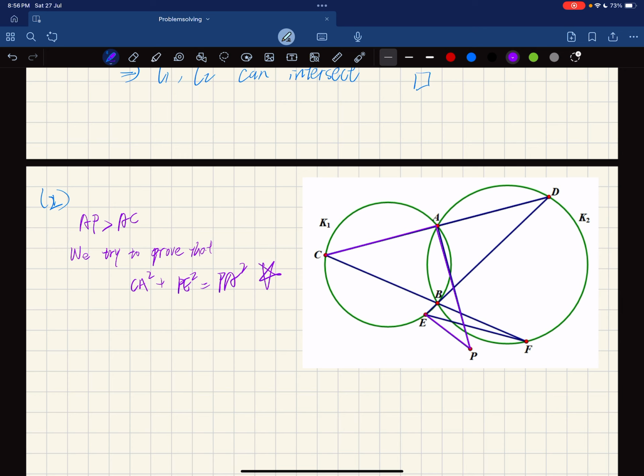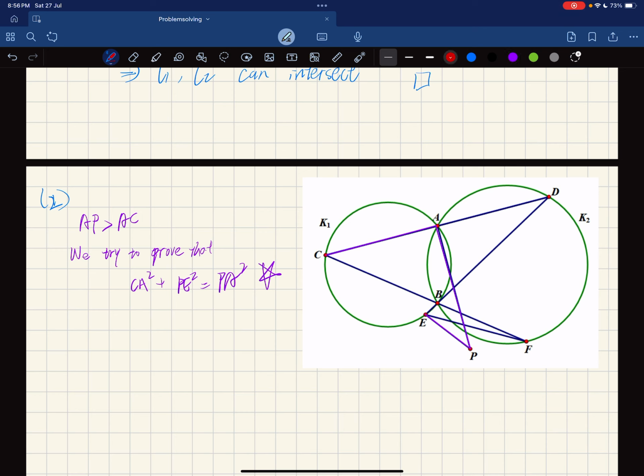So first, let's do something with CA square. What can we get from that? Except we have in the problem 1 we have CA square equals to maybe half of CB times CF. What else can we get?